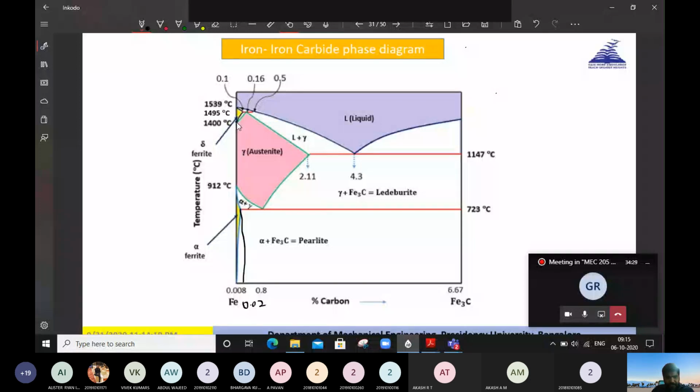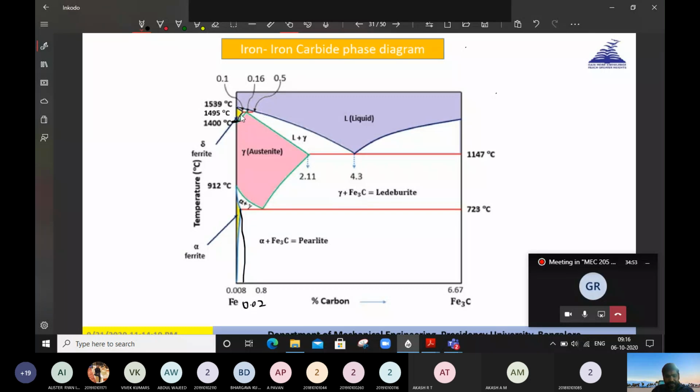Above this temperature you can again see this yellow region, which is nothing but the delta iron, the high temperature BCC structure. So from room temperature to 912 degrees Celsius we have alpha iron, then gamma iron, then delta iron.